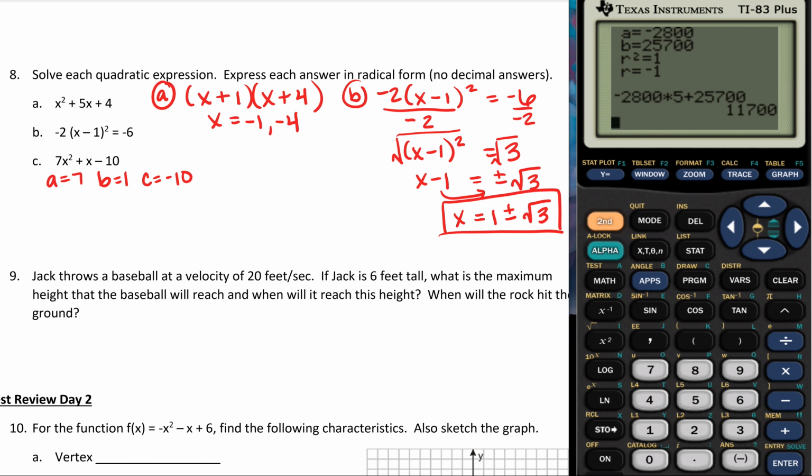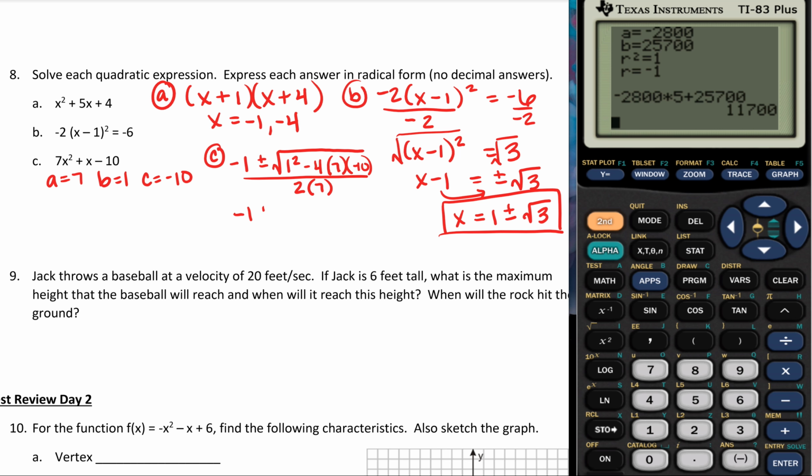I'm going to have to use the quadratic formula. I have no choice. So I'm going to do negative b plus or minus the square root of b squared minus 4ac all over 2a.